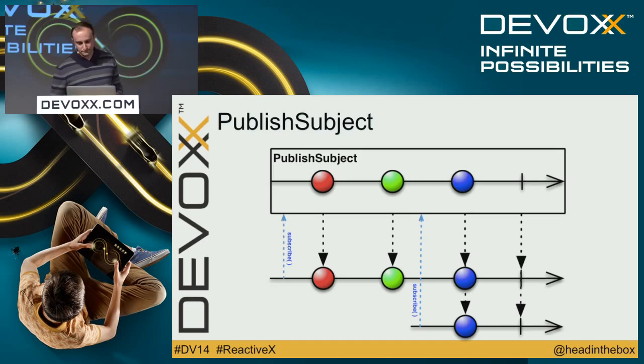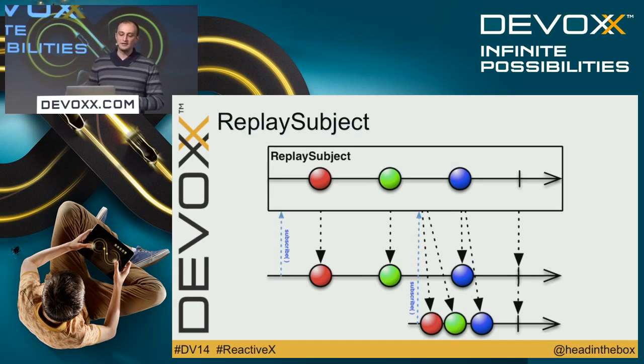And then we have the replay subject, and that is one that basically buffers, or remembers, all the items that were emitted on the stream, and whenever a subscriber subscribes, it replays all those items. So for the second observer, we see that it subscribes after the second event, but it immediately receives these two events at the moment of subscription.